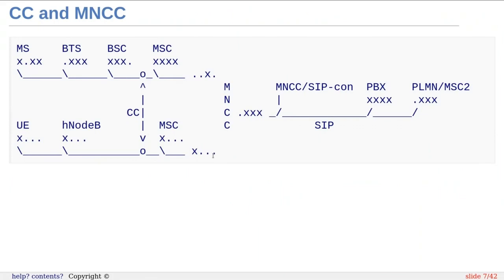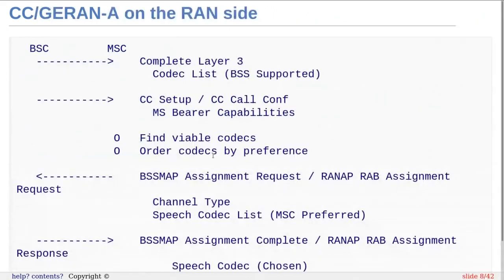Later, I'm also going to mention the media gateway, which is not in this picture yet, but let's first look at the CC side. So what is supposed to happen there? This is one call leg being set up, and in the Complete Layer 3, say the CM Service Request or whatnot, we get a codec list of what the BSS supports.